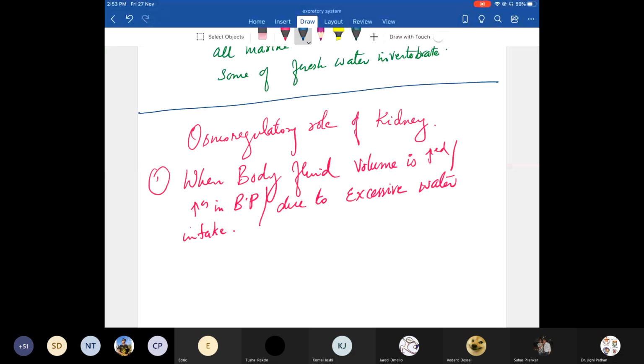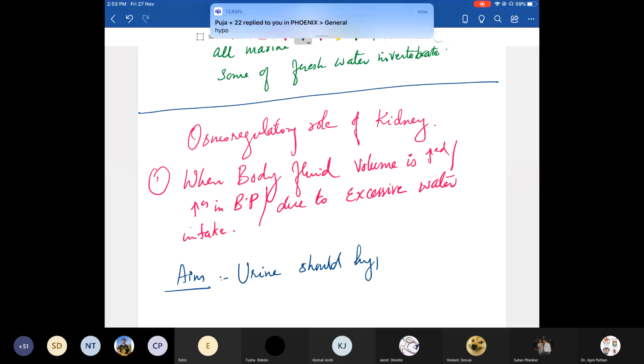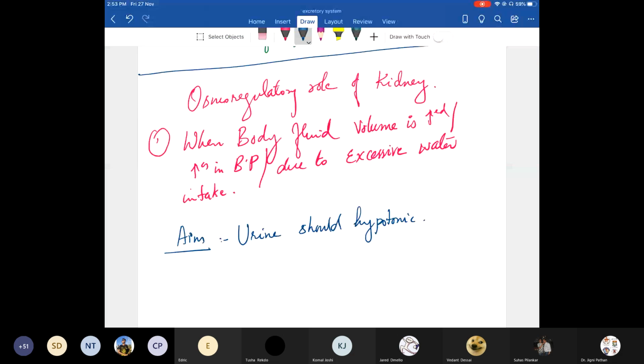When the body volume is increased, what should be the condition of urine? Very good, Chrisley. The urine should be hypotonic. So we need to excrete urine that is hypotonic.